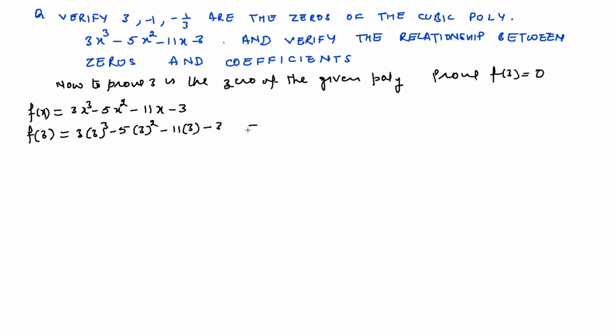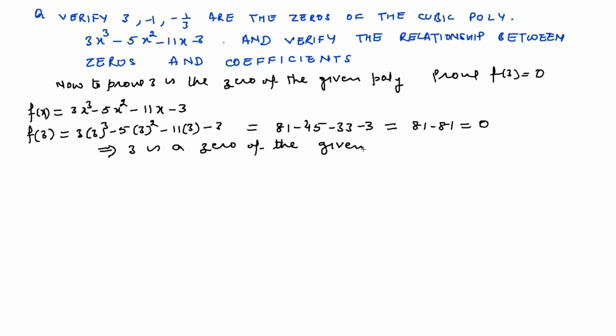This will come out to be 81 minus 45 minus 33 minus 3, which is equal to 81 minus 81, is equal to 0. So it means f(3) is equal to 0. So it implies 3 is a zero of the given polynomial. Similarly, we will prove for minus 1 and minus 1 by 3.